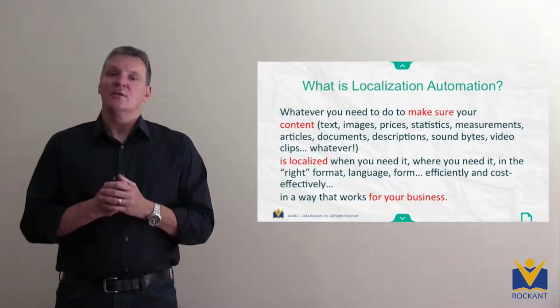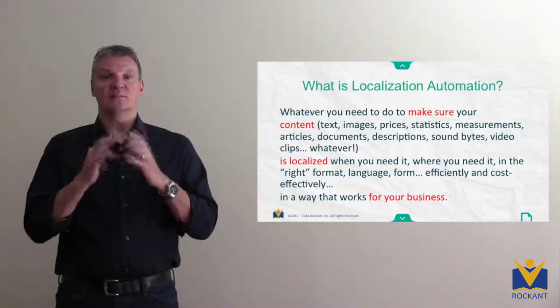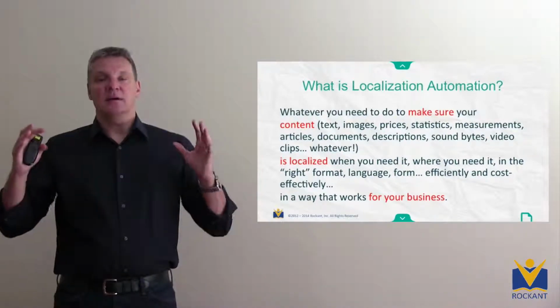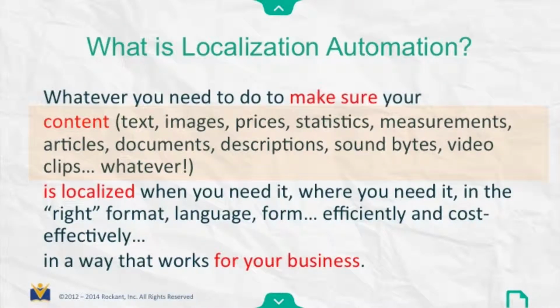So let's start with what is the definition of localization automation? What's its mission statement? On the high level, it would be whatever you need to do to make sure that your content, and with content I mean text, video, graphics, audio, whatever, is localized where you need it, available where you need it, when you need it, in the right format and the right language, in a way that is right and works for your business.